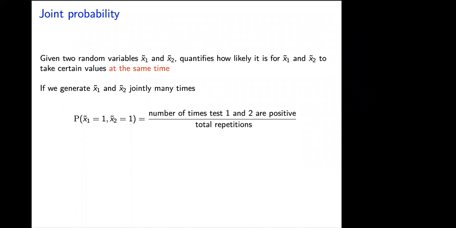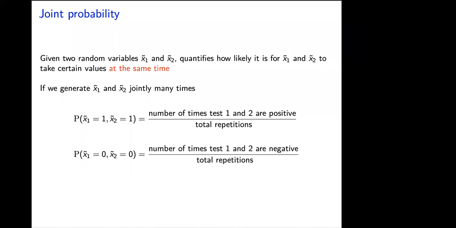So if we just keep on regenerating them, then the probability over here, x1 equals 1, x2 equals 1, is going to be the number of times that both of these tests are positive out of the total repetitions. And then the probability that both are 0 is going to be the number of times that they're both negative out of total repetitions.